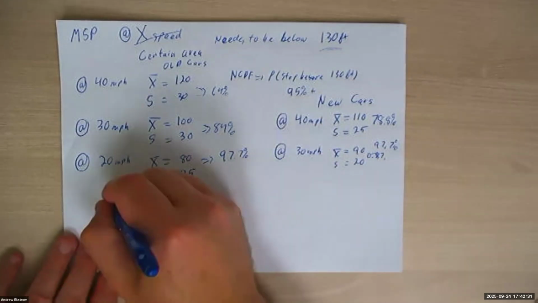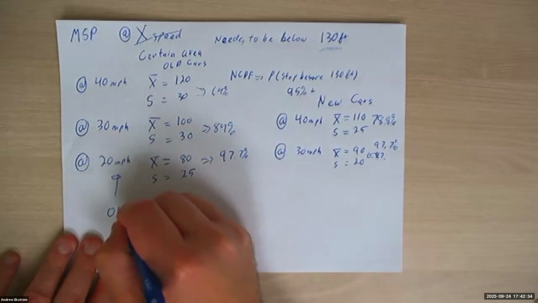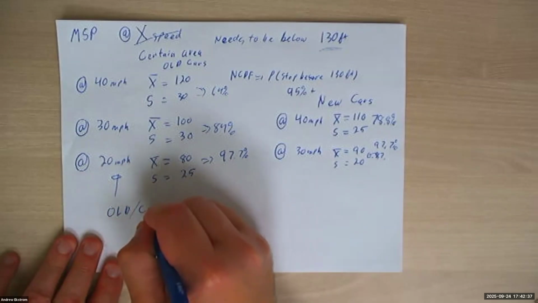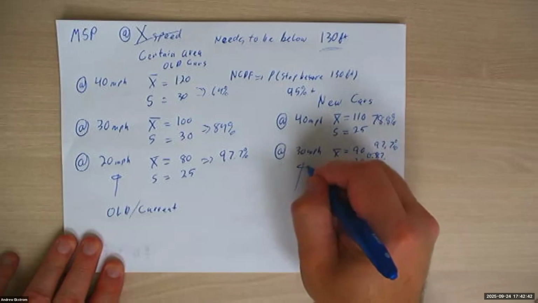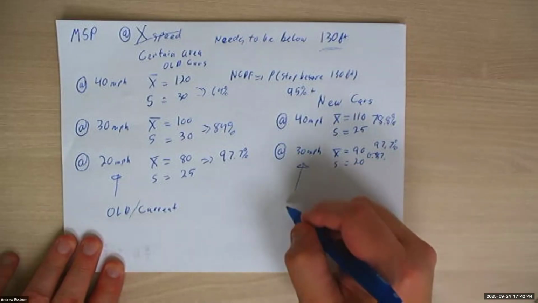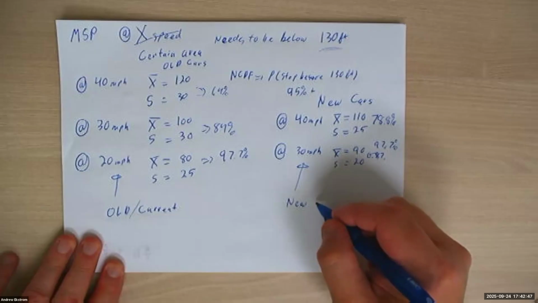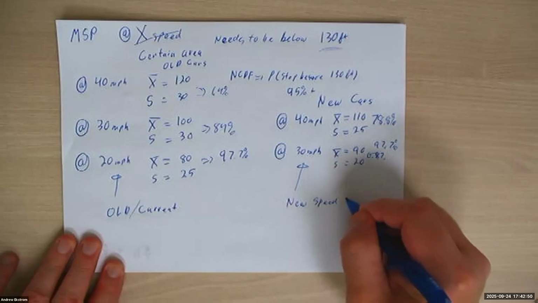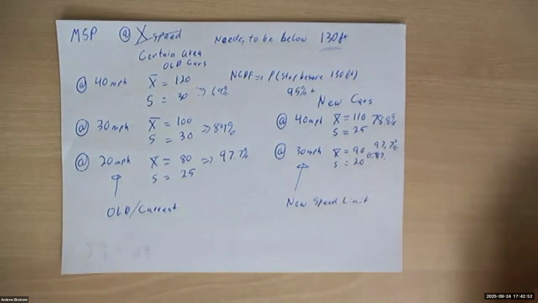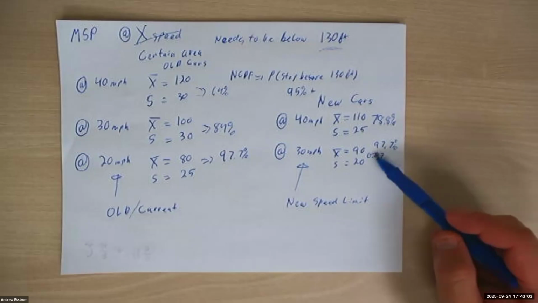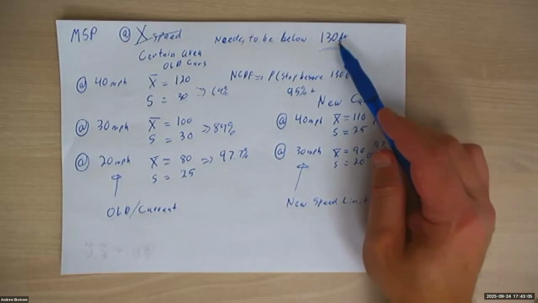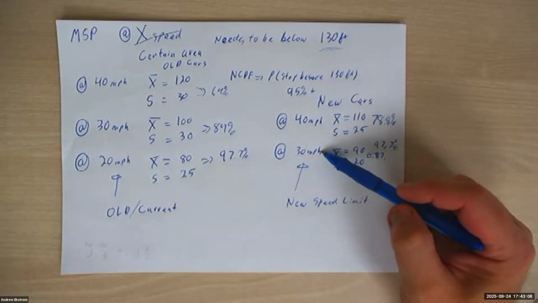So we could think of this as the old or current speed limits in a neighborhood. If you complain and have them come out and look at it again, this would be the new speed limit. So instead of having cars drive slower through your neighborhood, they could actually say, well, 97.7% of all vehicles are able to stop in this stopping distance at 30 miles an hour.